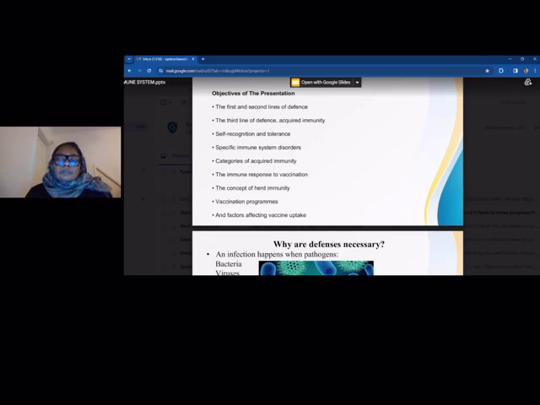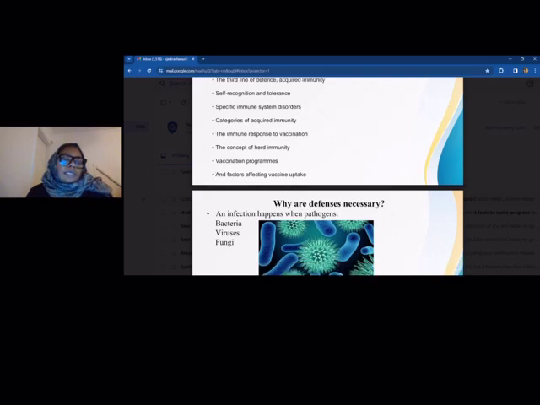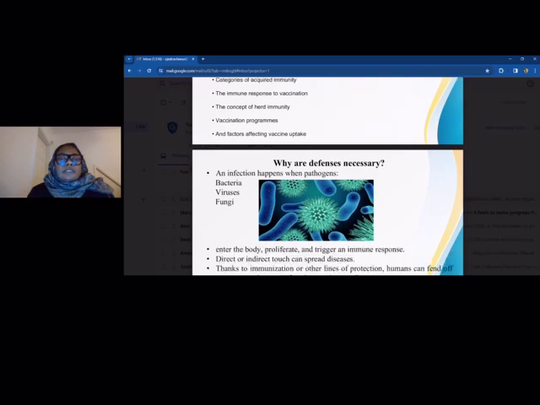I'm going to be presenting each slide with a little bit of explanation. And here we have the defenses, and why defense is necessary in infection.